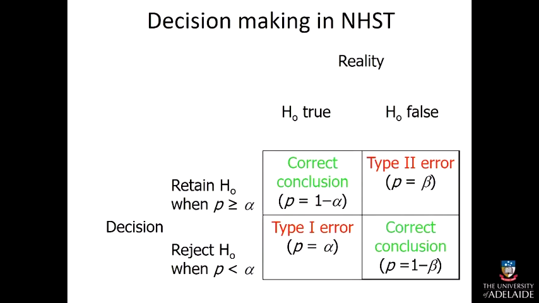Otherwise, we retain the null hypothesis. And so you can see, if we reject the null hypothesis when the null hypothesis is indeed false, then we've drawn the correct conclusion. We cannot know that, but under this framework, that is what we would have done.